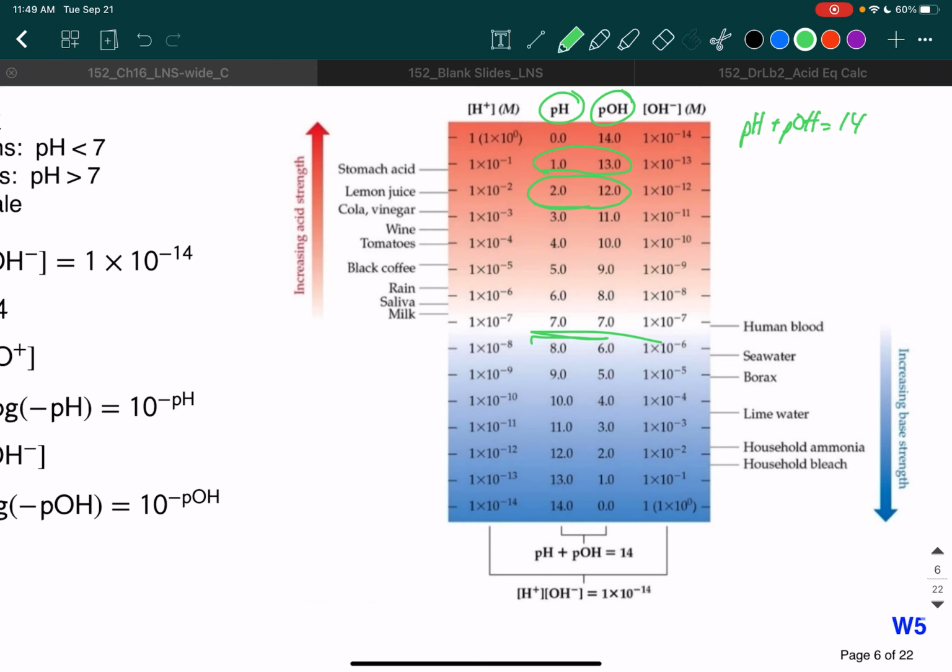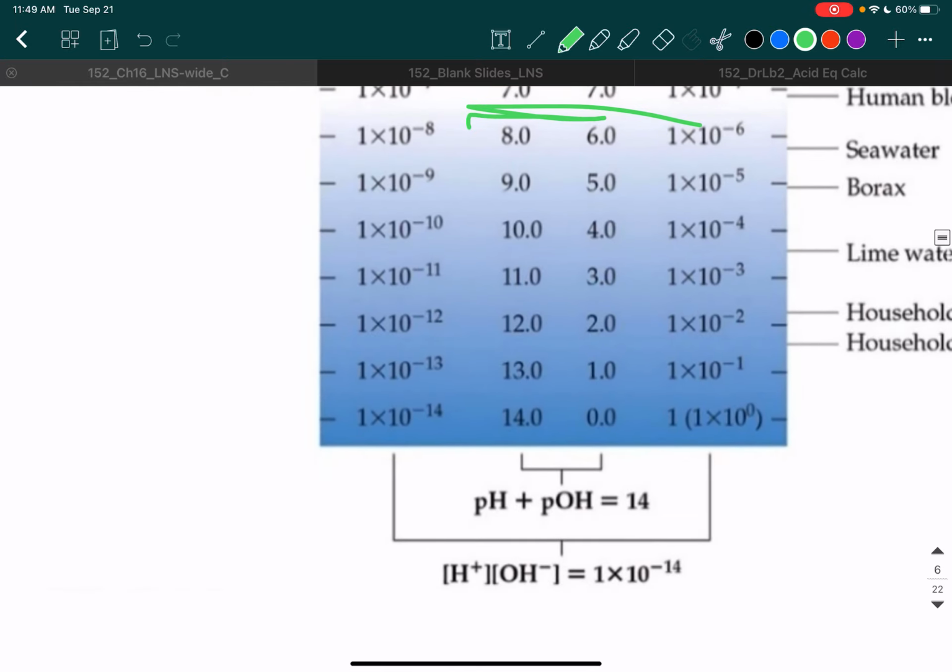Then as you go to a lower and lower concentration of hydronium, which is ultimately what we measure pH by, that value bumps up to a larger number. Notice that when you play the log game, the exponent corresponds closely to the pH value. If it's 1, it's exact.